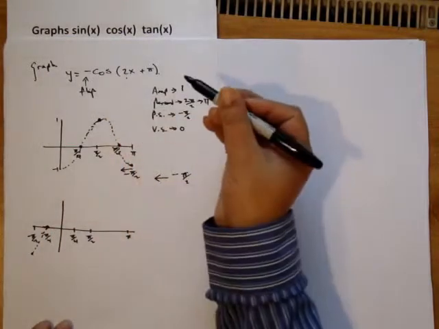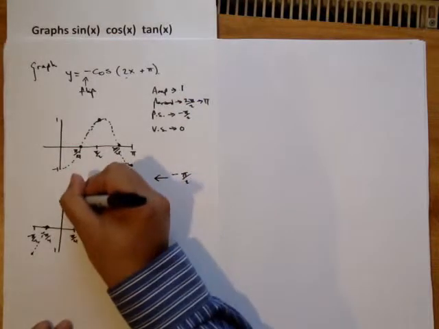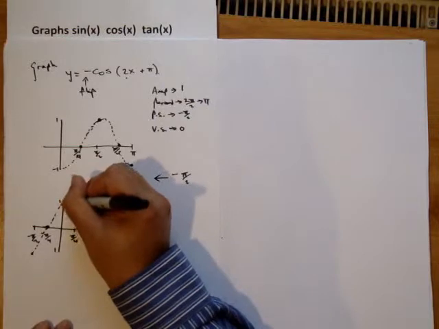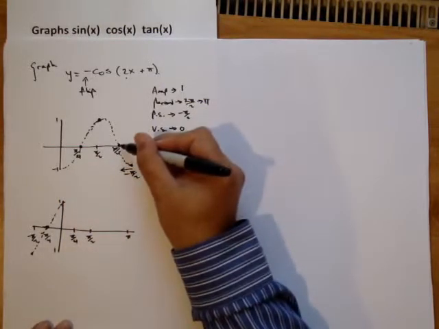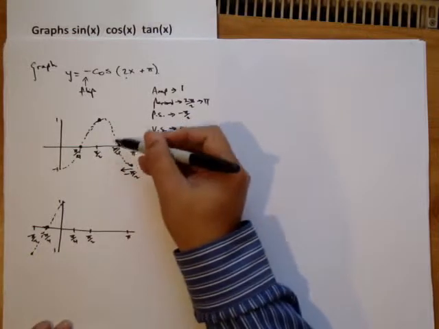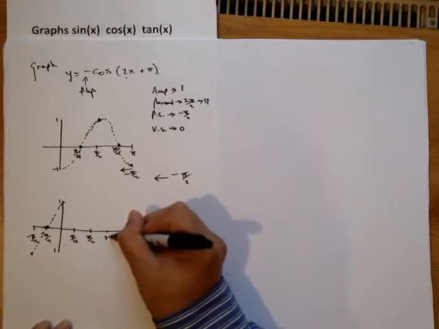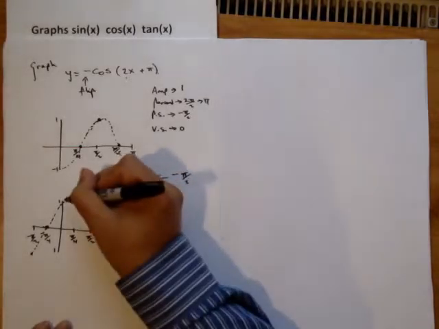Pi over 2 shifted here becomes up to here. And we go 3 pi over 4 shifted pi over 2.